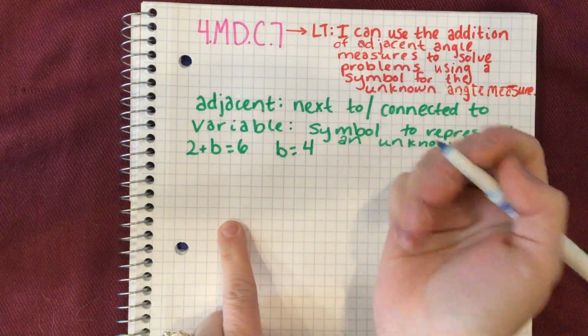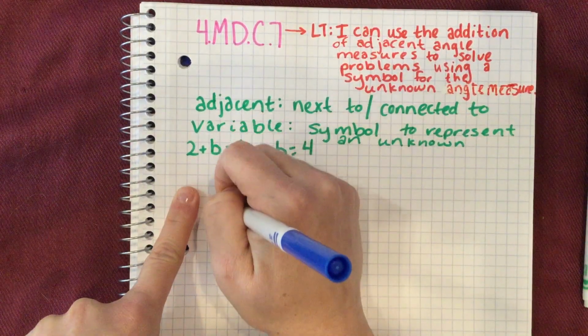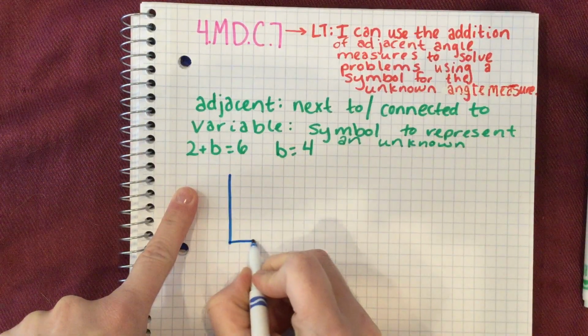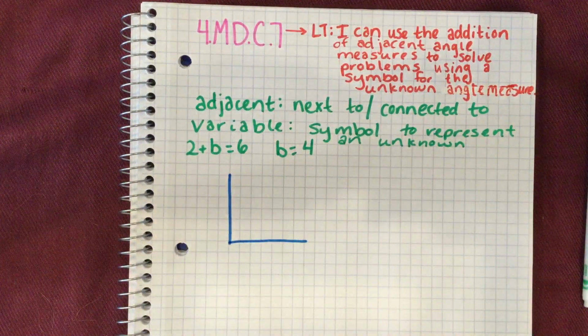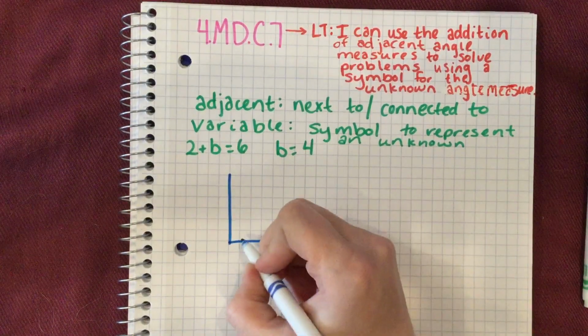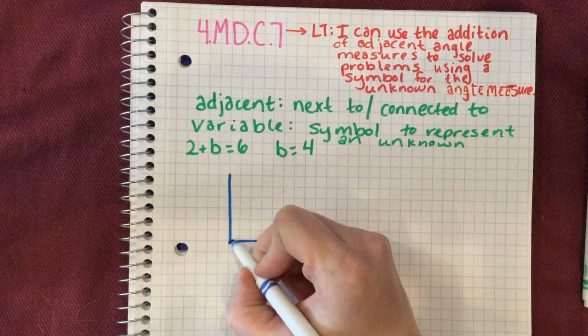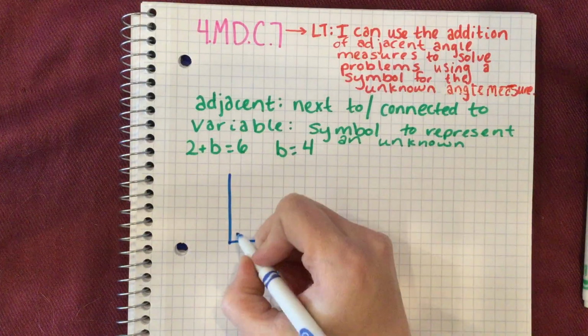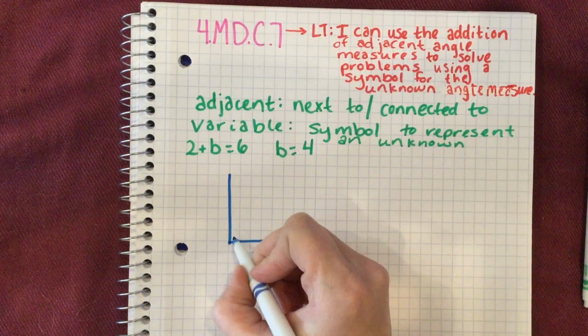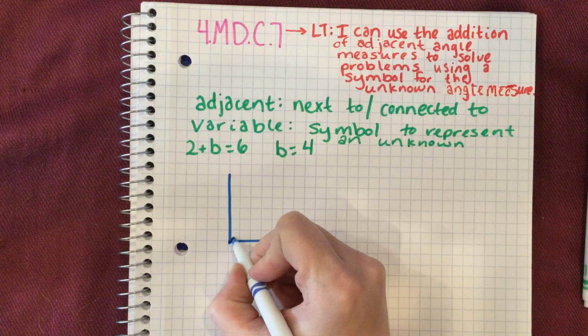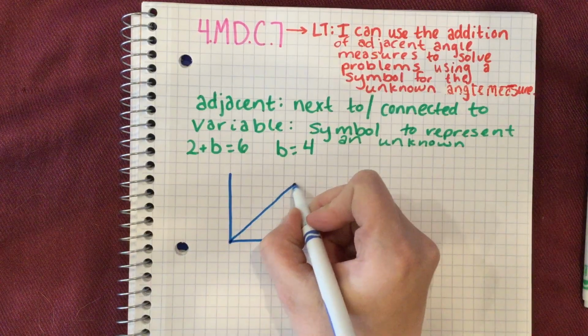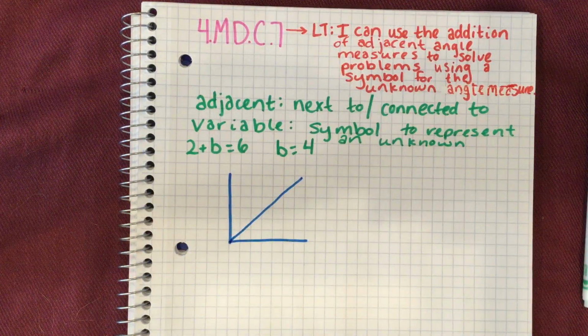So I'm going to draw a right angle right over here. Okay, but what I'm going to do now is take this right angle and split it into 2 different angles, doing my best to split it right down the middle.